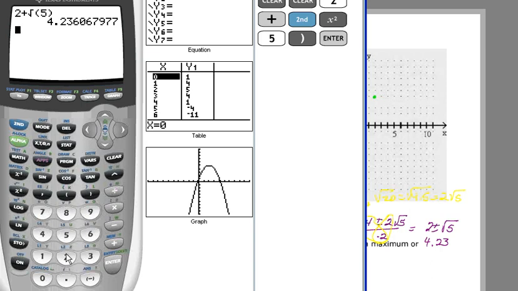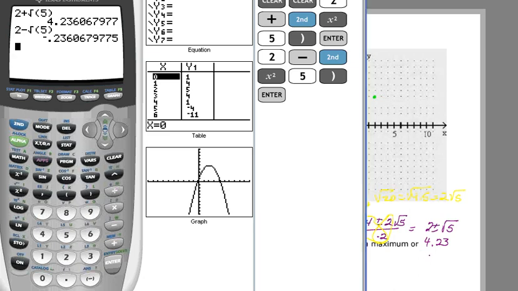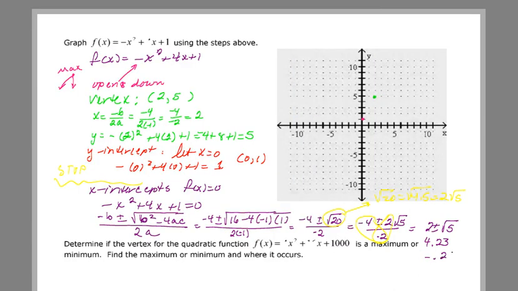And let's figure out the other one: 2 minus the square root of 5. It's given me my x-intercepts based on the quadratic formula, which is -0.23.